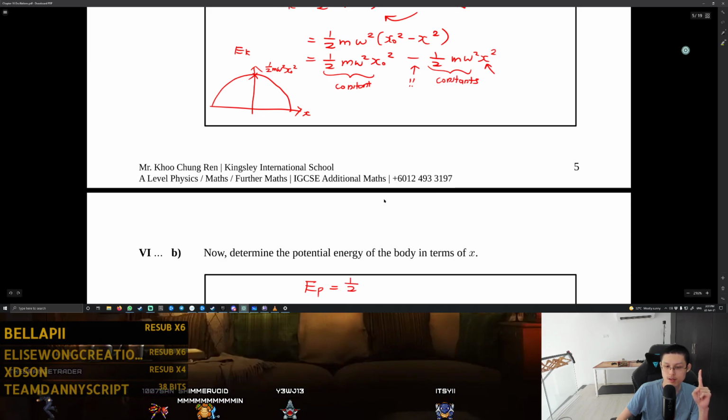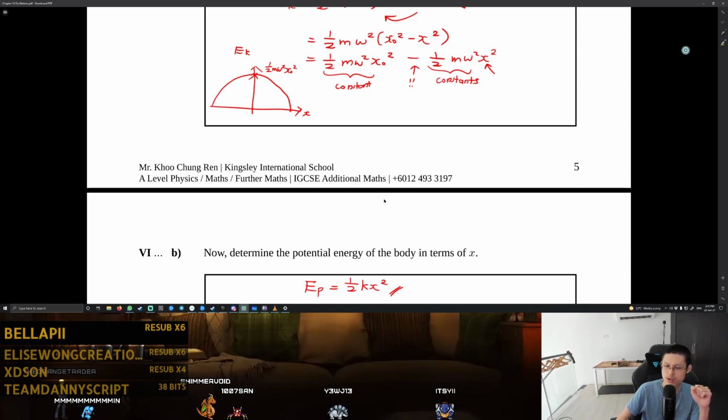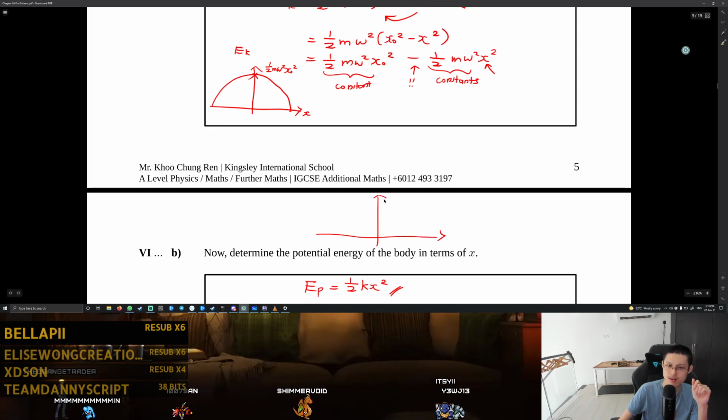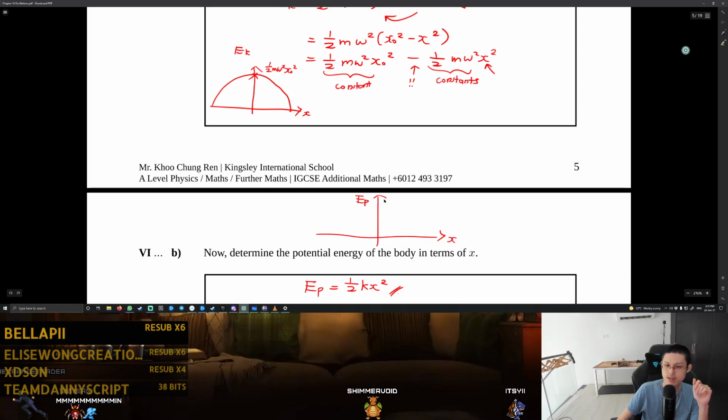It's half kx squared, right? So what does half kx squared look like when you plot it on a graph of potential energy against displacement from the center? This is a positive quadratic and it should go through the origin. So it kind of looks like this.